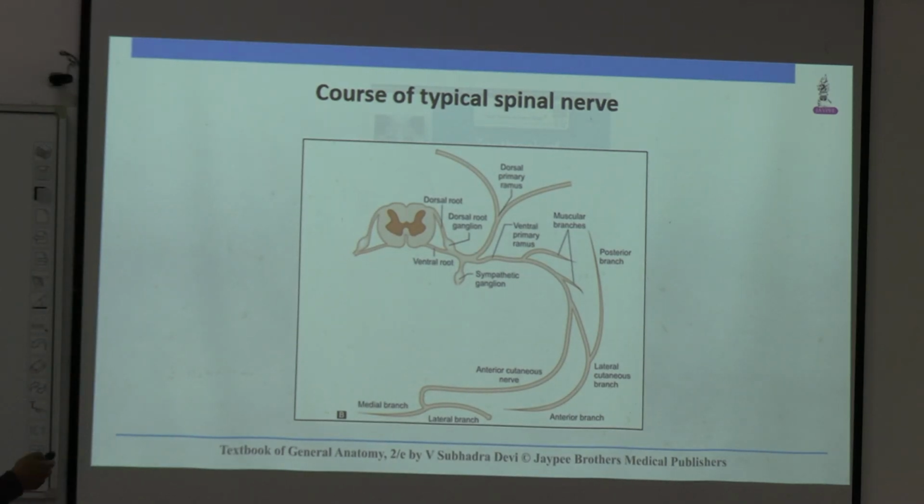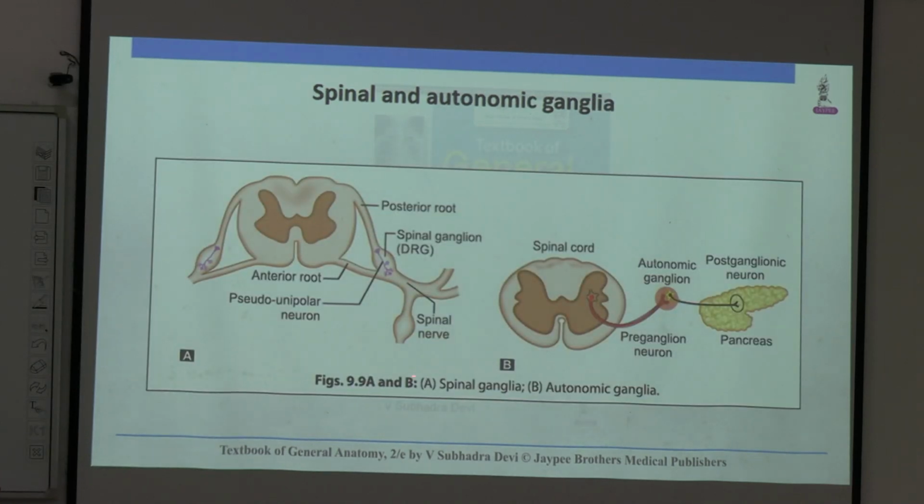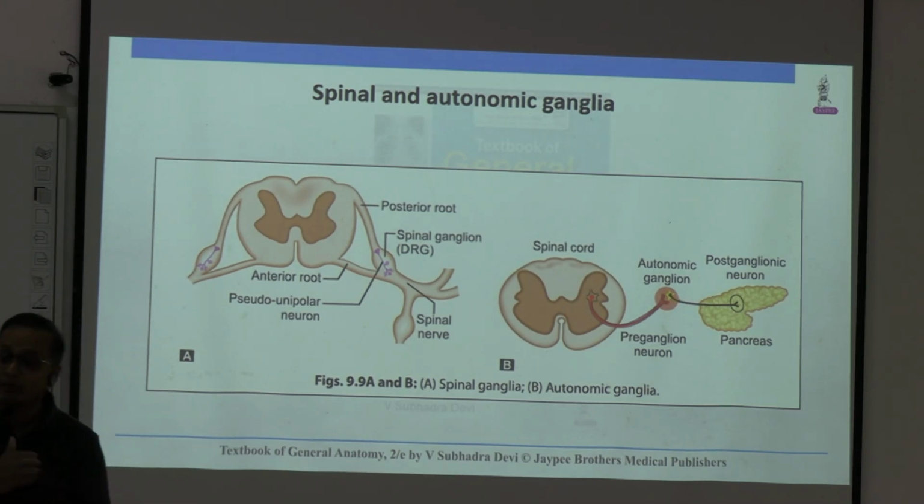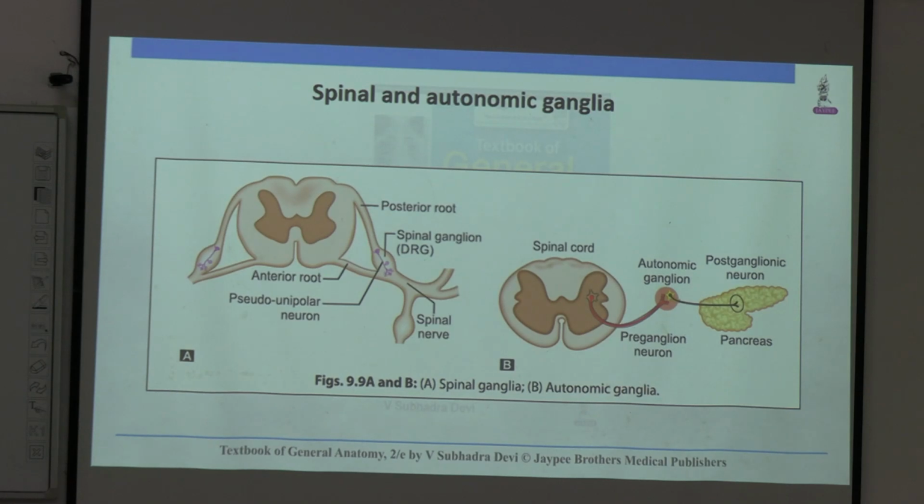So having said this, this is a magnified view that you are seeing here. This is known as the dorsal root, this is the ventral root, and this is the dorsal root ganglion. So this swollen part you are seeing here is a collection of the cell bodies of the neurons that is present outside the central nervous system.